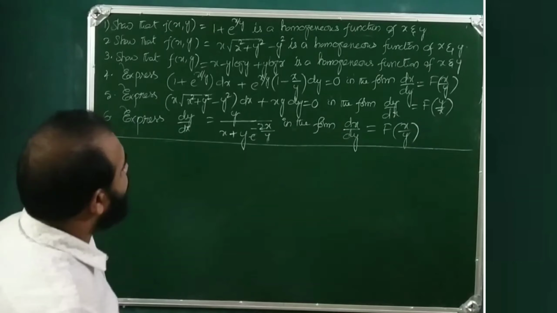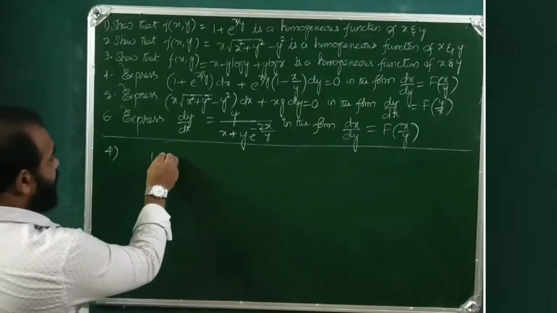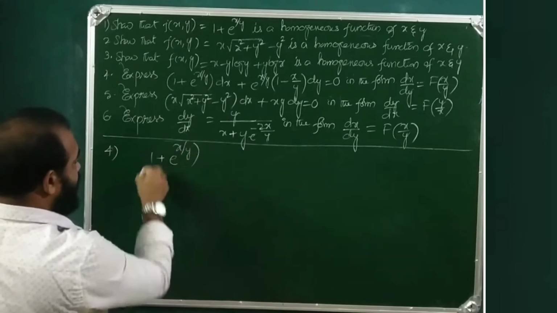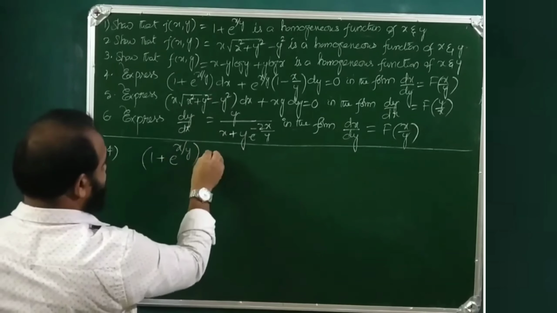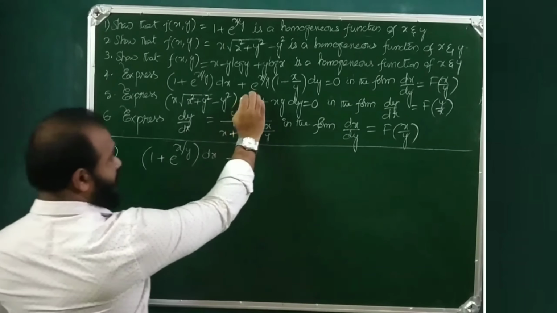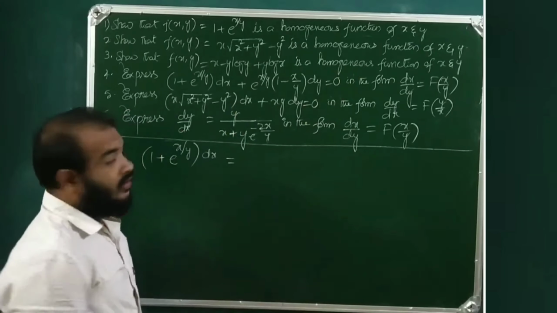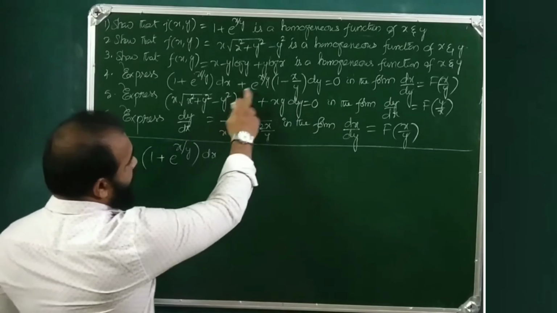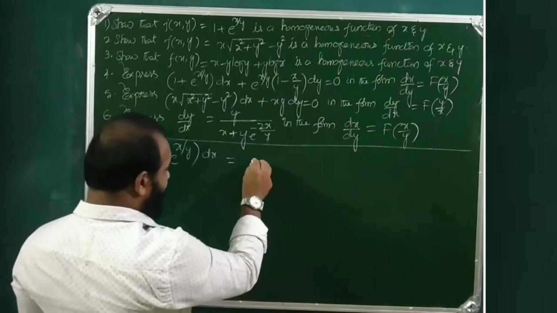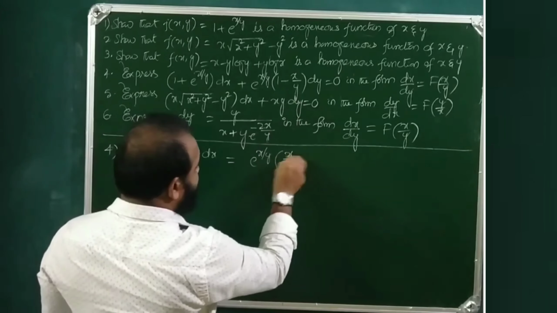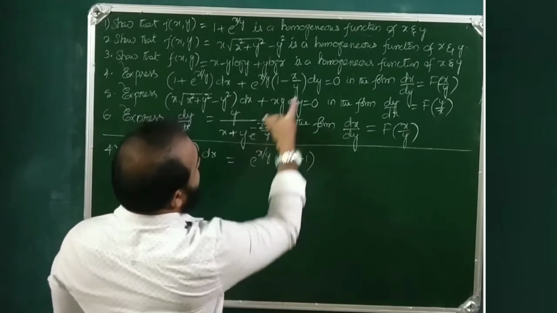So for this, 1 plus e power x by y dx is equal to, if you transpose this term onto another side, minus of this we will be getting. So minus, if you multiply inside, then we will be getting e power x by y into x by y minus 1 dy.